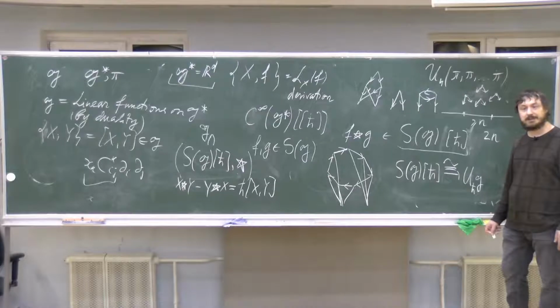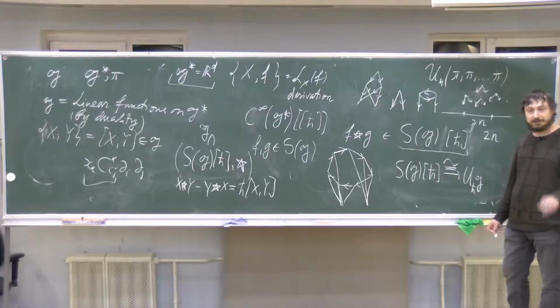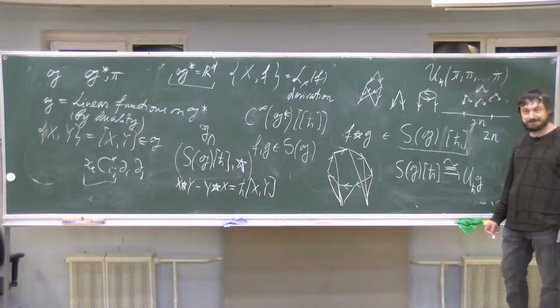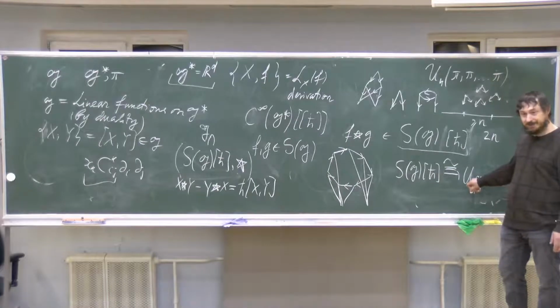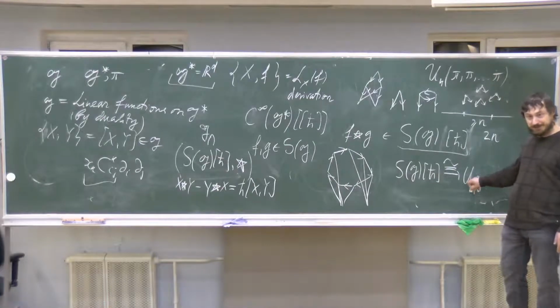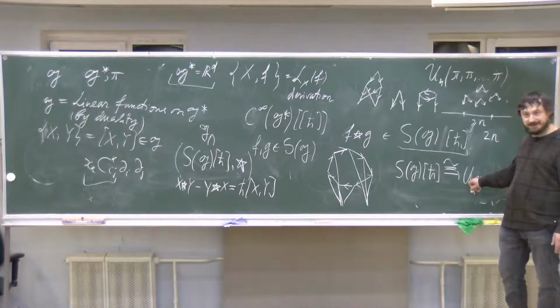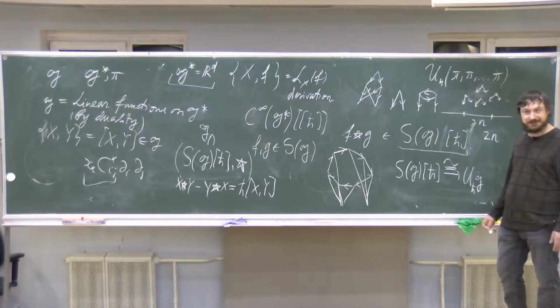Sorry? An associative algebra isomorphism. Really? The star product corresponds to the tensor product here? Not the tensor product, the product here. You have a very well-defined product; this is an associative algebra. Yes, but it's just a tensor product modulo relations. Precisely, but you can show that this is the same.